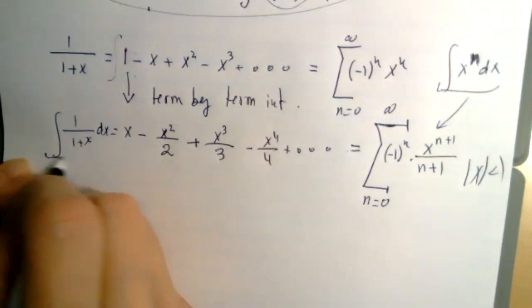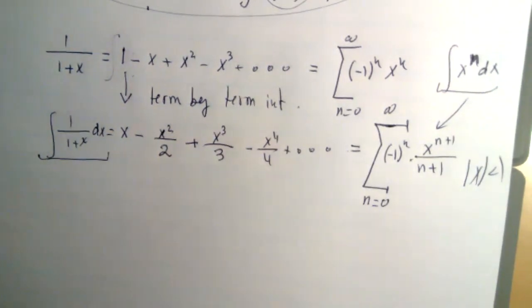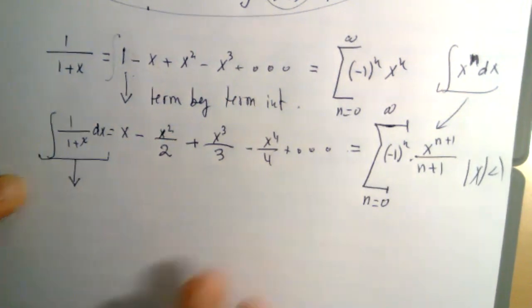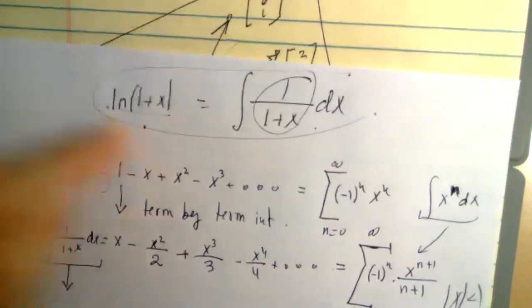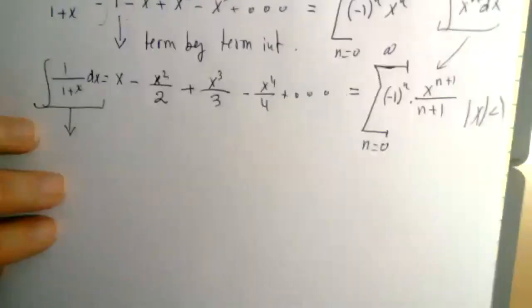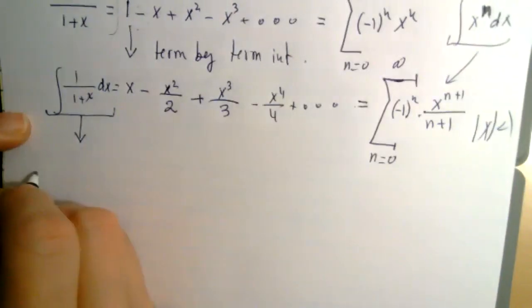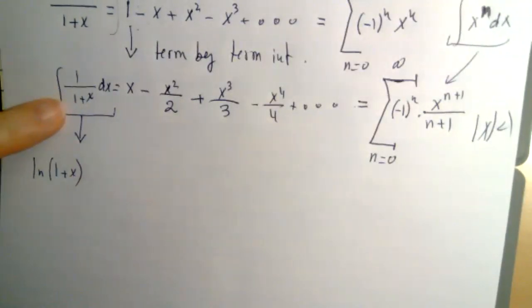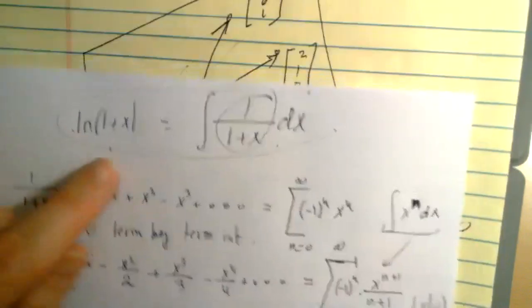Now, what's the antiderivative of 1 over 1 plus x? Because remember, my goal is the ln. That's really what everything we did was for. So the antiderivative is the natural log. Now, of course, there is a substitution in order. I'm not ignoring that.